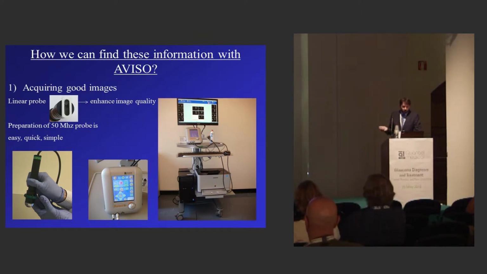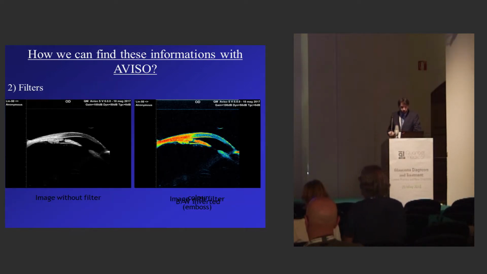I'm a Quantel user. I use this platform that is a Visu S. First, we have to acquire good images. So you see here the preparation of the 50 MHz probe that is simple, quick, with this sterile cap. We can use some filters.